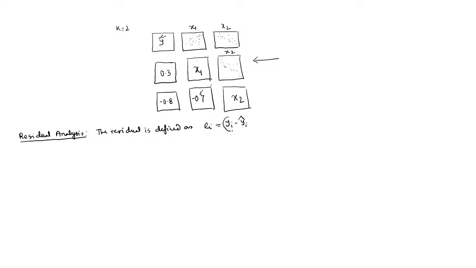Yi is the ith observed value, and yi hat is the ith predicted value, and this gives the ith residual. Now we can use scaled residuals instead of ei. So the method of scaling residuals.